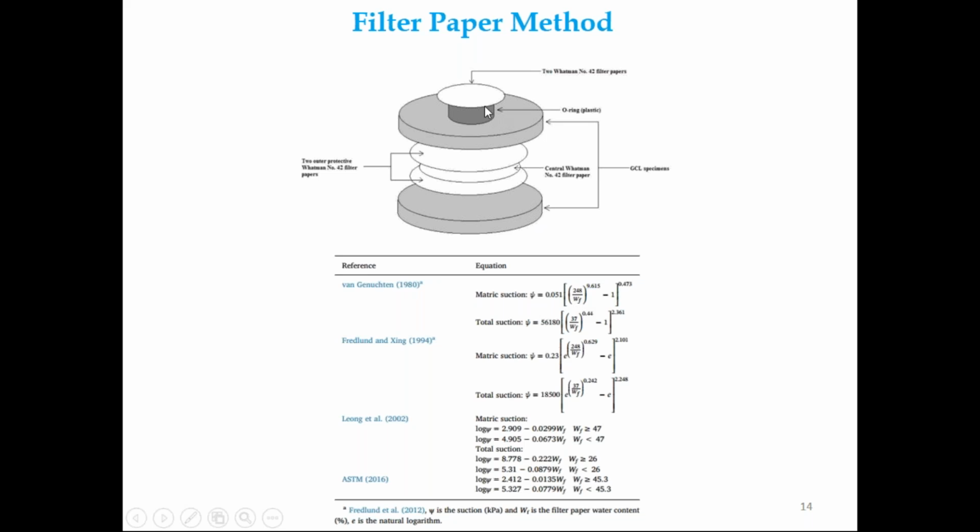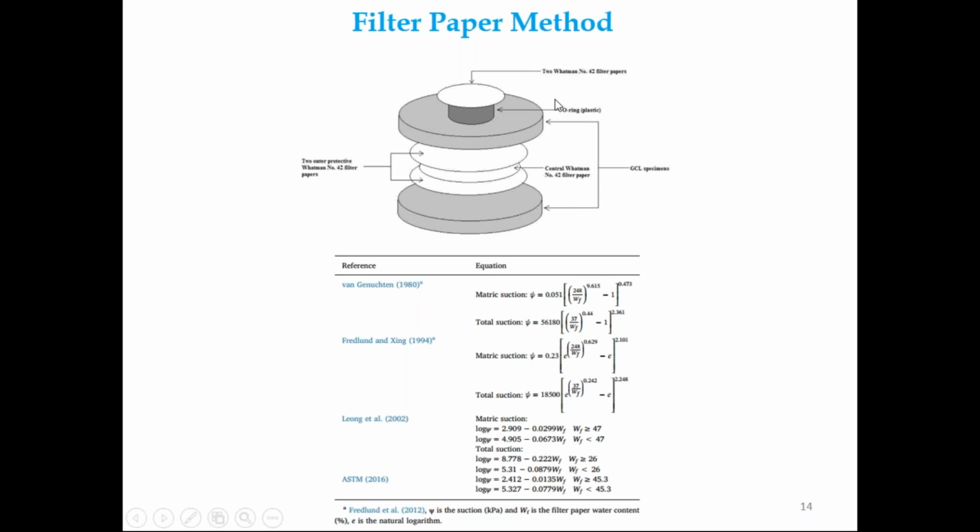While in the non-contact filter paper method, as the name suggests, the filter paper is not in direct contact with the specimen. For that, a plastic PVC ring is kept in between the specimen and filter paper, and the assembly was kept in an airtight container to achieve moisture equilibrium.